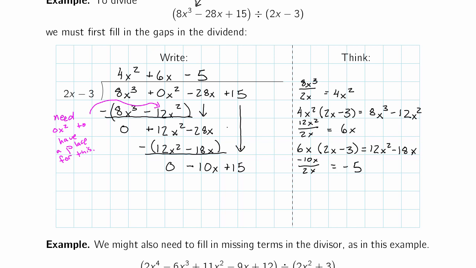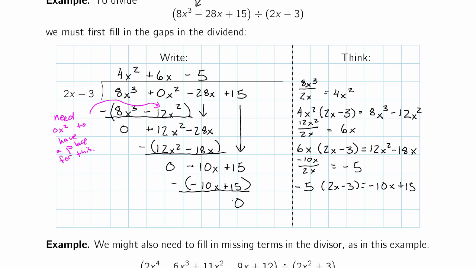Negative 5 will be the last term in our quotient. Multiply. Negative 5 times 2x minus 3 is negative 10x plus 15. We're subtracting something from itself, so we get 0. In this problem, it happens we have no remainder.